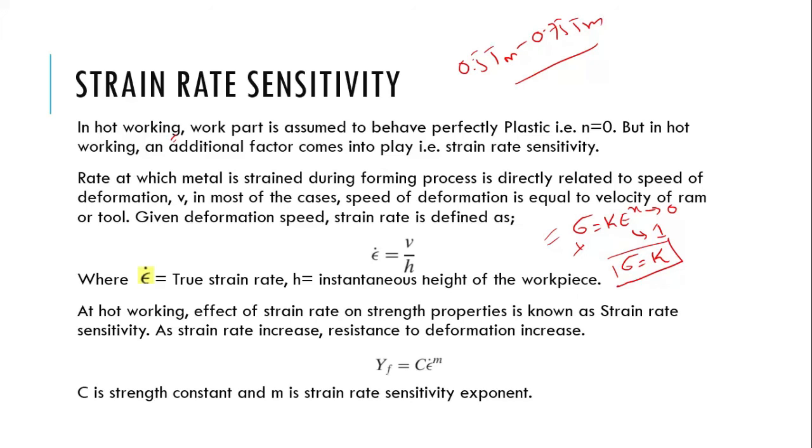So we reduce the equation of the flow stress to a new equation, where ε̇ is the strain rate, equal to V by h, where V is the speed of the tool at which it is producing the strain, and h is the instantaneous height or length, whatever dimension we are reducing or changing.